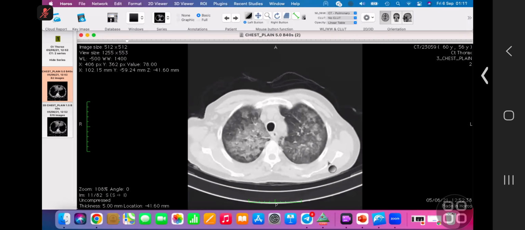In such an immunocompromised patient with bilateral crazy paving pattern, I would be thinking about pulmonary alveolar proteinosis. And also as a differential diagnosis, PCP pneumonia.